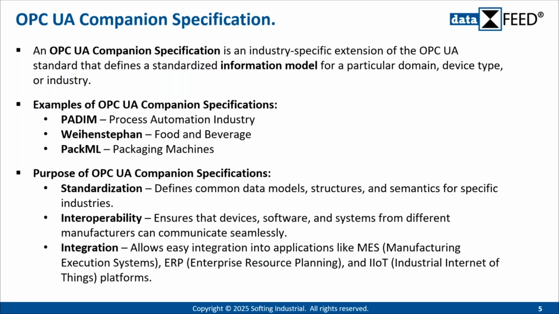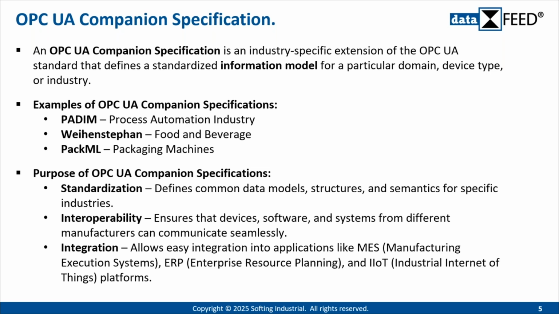I have already mentioned a little bit this topic, companion specifications. This is one of the most important topics from my personal side within the UA world to realize an easy way for applications to get access to the data. Why? Because companion specifications define a standardized information model for a domain, device type, or industry.